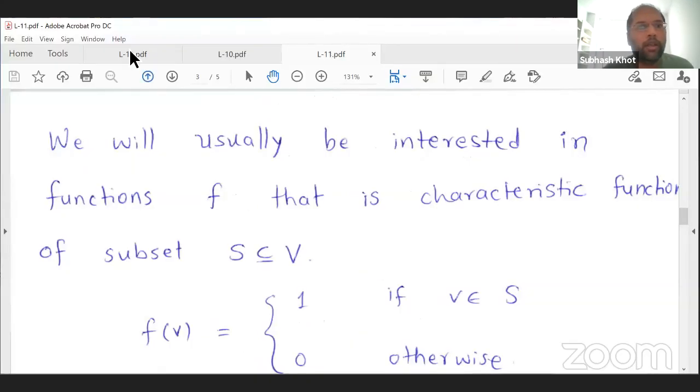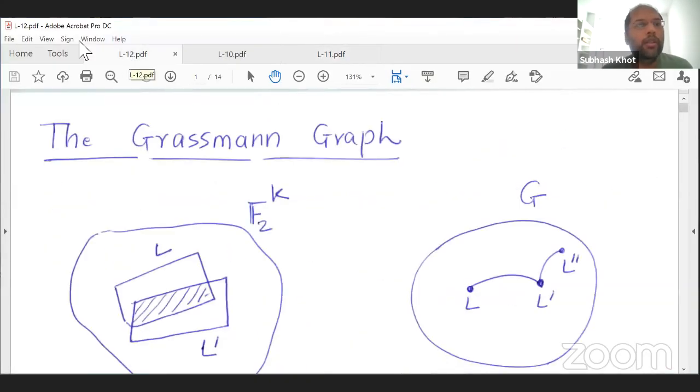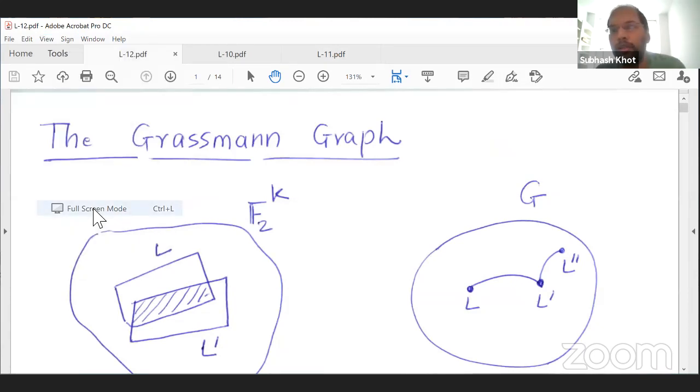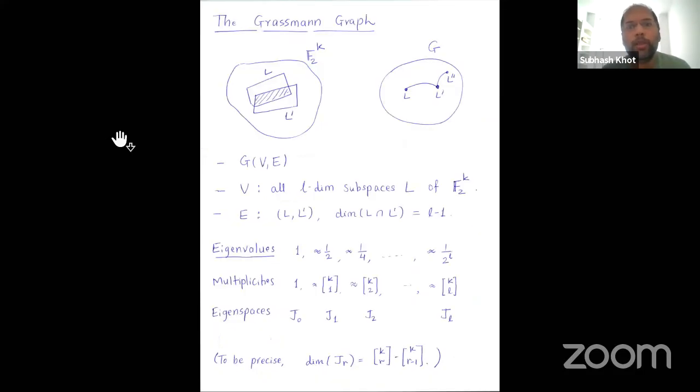All right, now let's get to this Grassmann graph. We basically already looked at it without explicitly thinking of it as a graph. Consider the following graph. There is a global space F2 to the k and subspaces L, L prime of dimension little l.